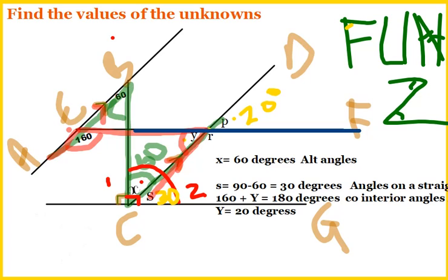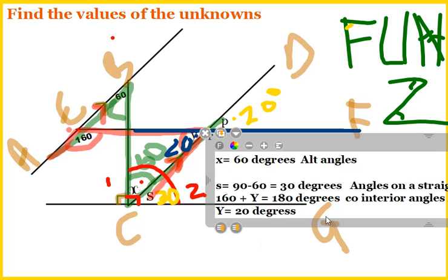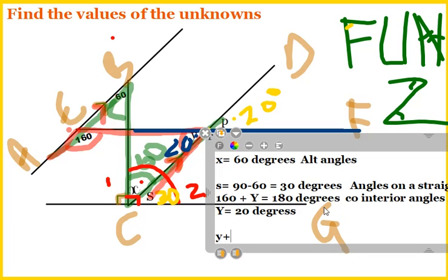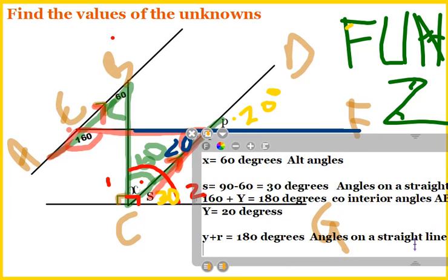So let me just fill that in: 20 degrees. And so if Y is 20 degrees, Y plus R should give us 180 degrees. And our reason is angles on a straight line.